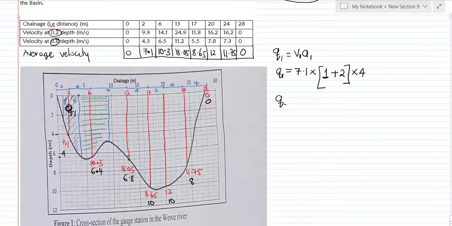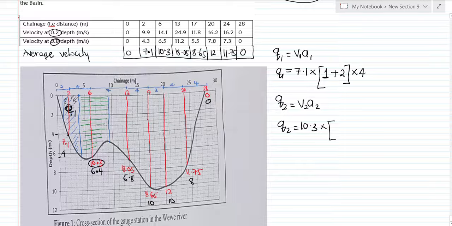Then we come to Q2. The same thing, V2, A2. V2 is the velocity. What is the velocity there? The velocity there is 10.3. You get it? So 10.3 times the area.